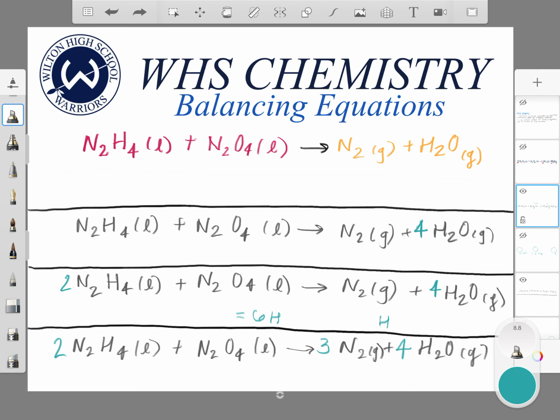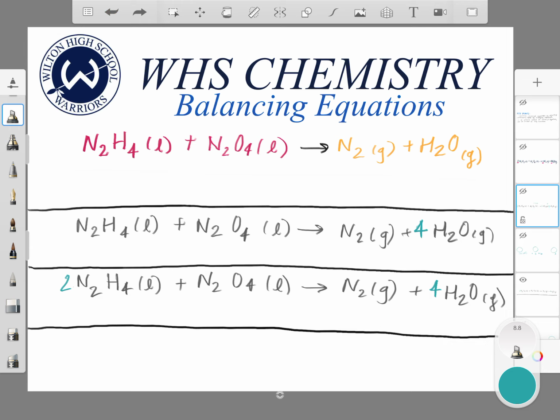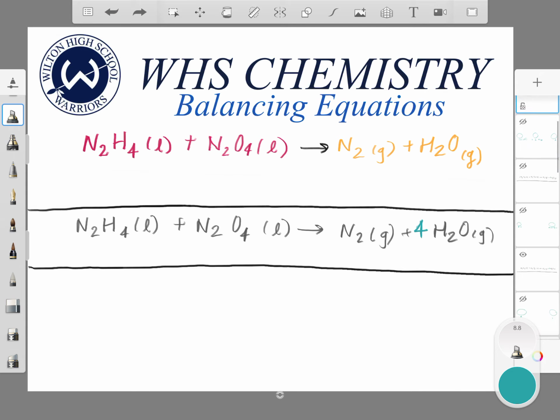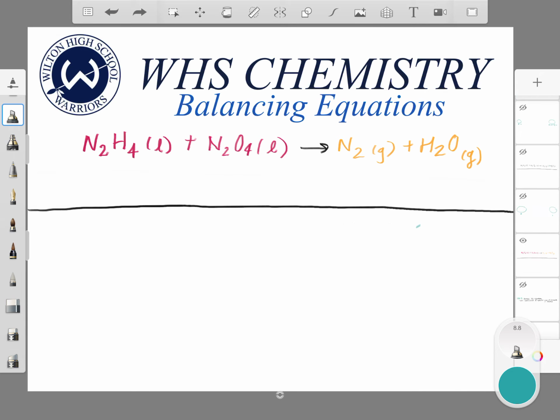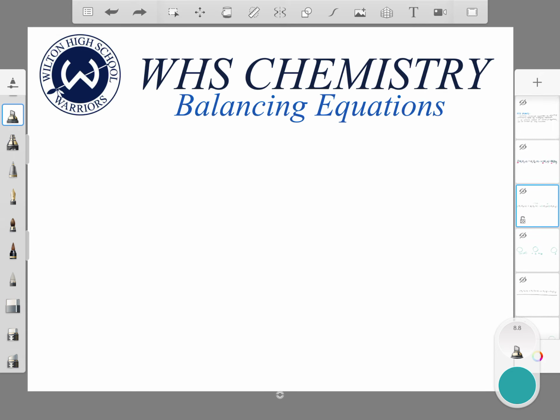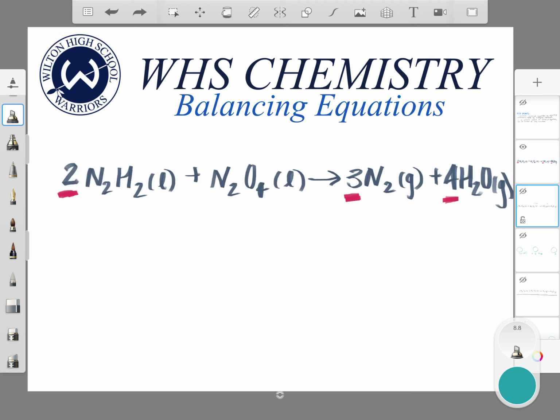So we have finished balancing this equation because we know that the atoms on both sides equal each other, and this is our final balanced equation. And don't forget to write the states because that will get you points taken off if you don't have them.